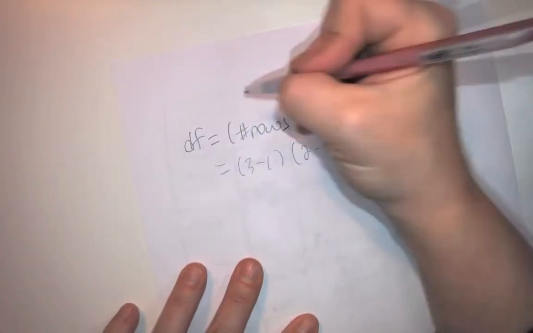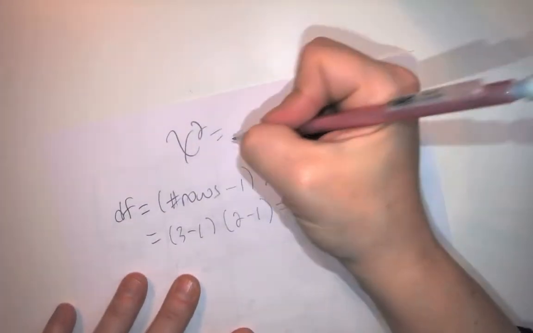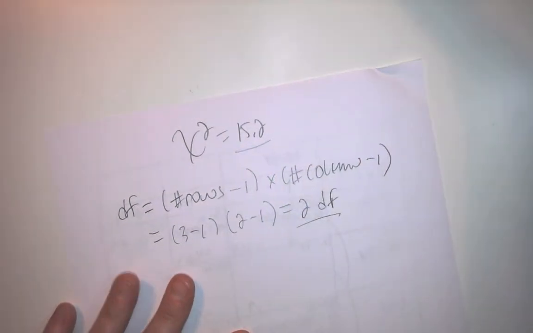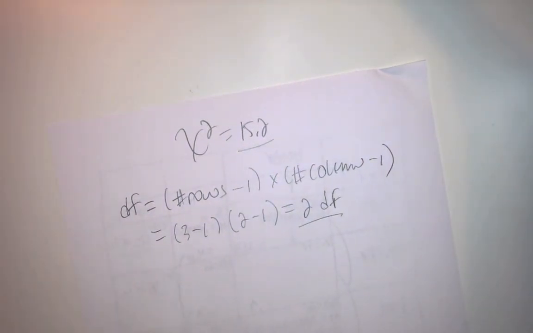So now I have a chi-square value of 15.2 and degrees of freedom of 2. Those are the 2 pieces of information that you need to see if there is confirmation or support for your research hypothesis, because remember, we're testing against the null hypothesis. So let's see what we do next.